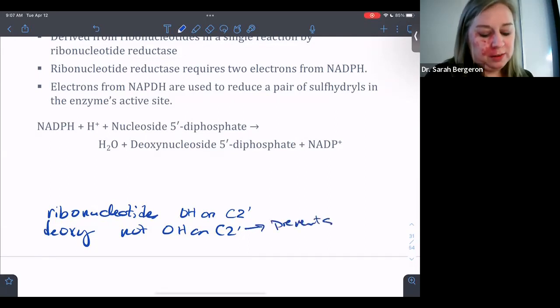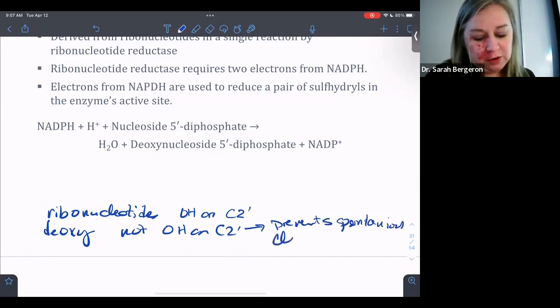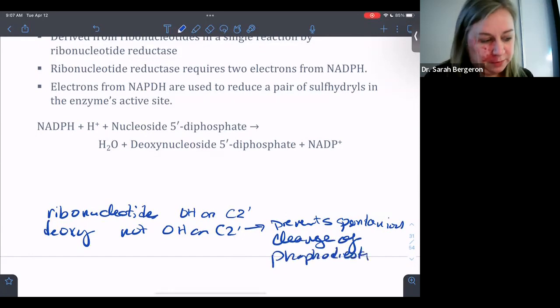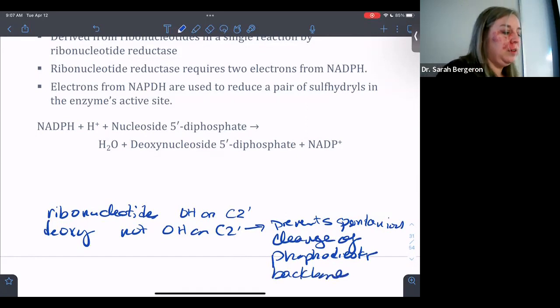We said it prevents spontaneous cleavage of the phosphodiester backbone. This goes all the way back to chapter 3 in the book, all the way to the beginning. So why is this good in DNA? And why would you actually want this spontaneous cleavage in RNA?